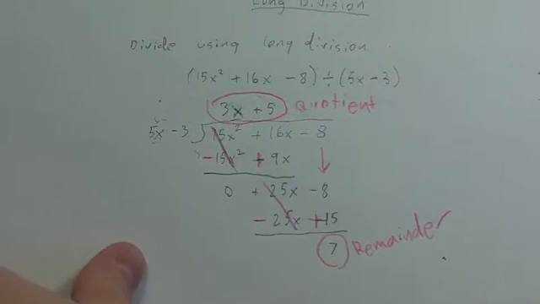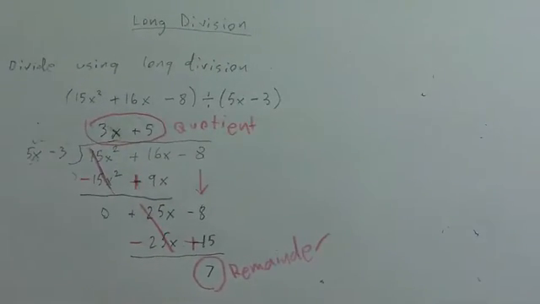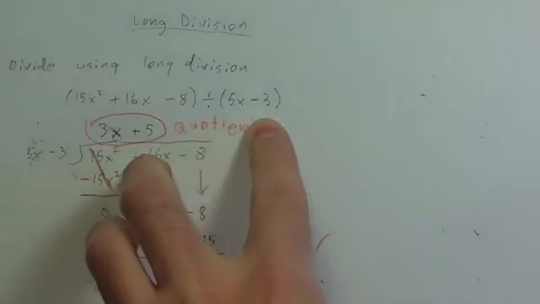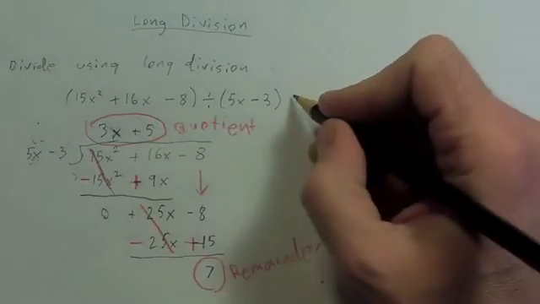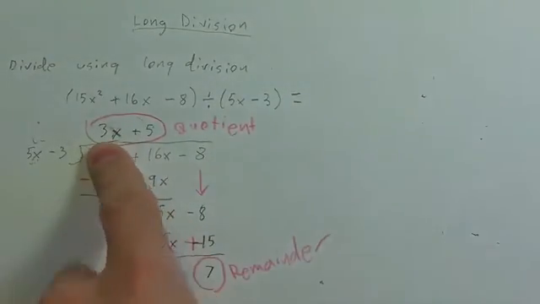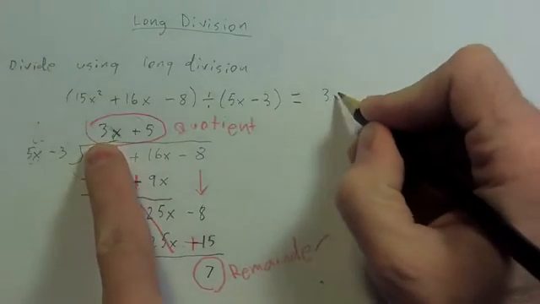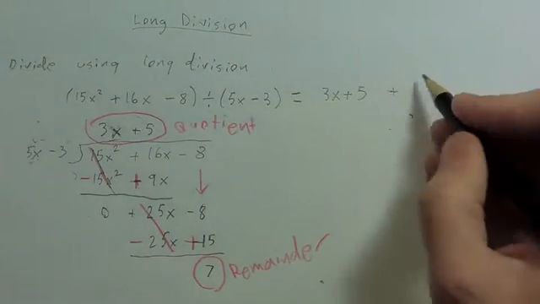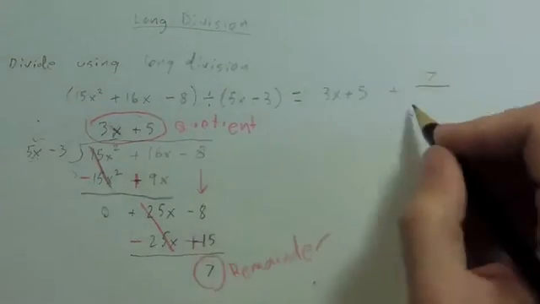So what this means is that 15x squared plus 16x minus 8 divided by 5x minus 3 ends up being the quotient, 3x plus 5, plus the remainder, 7, over the divisor.